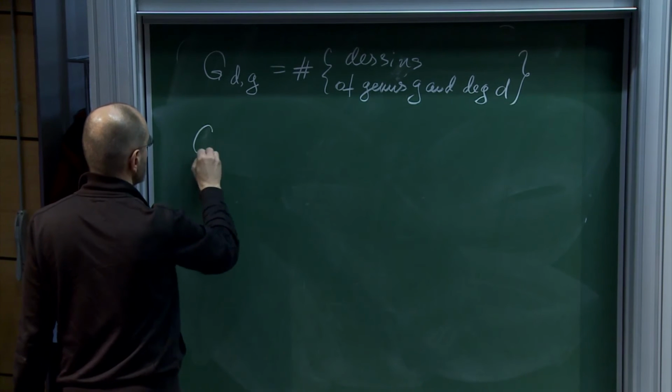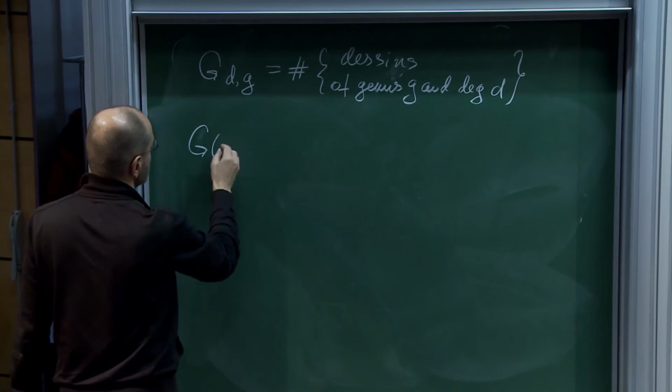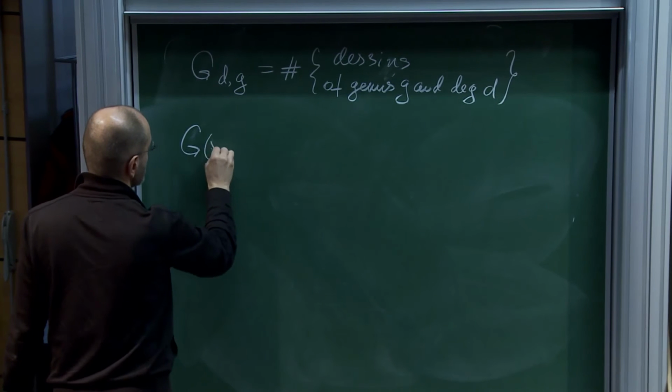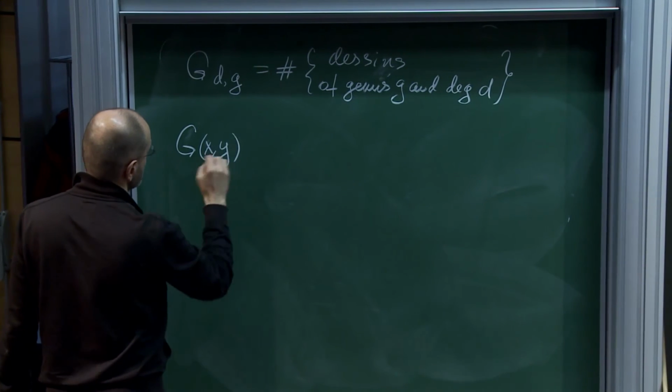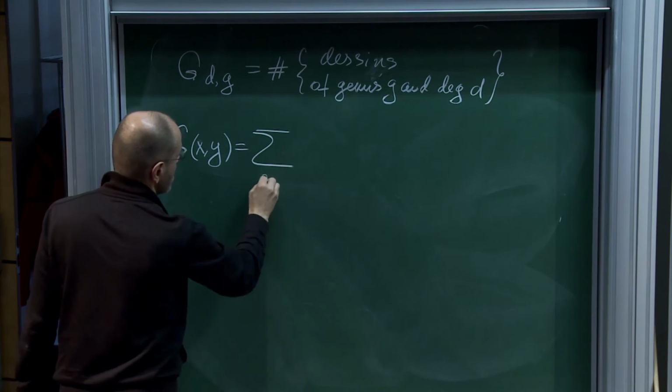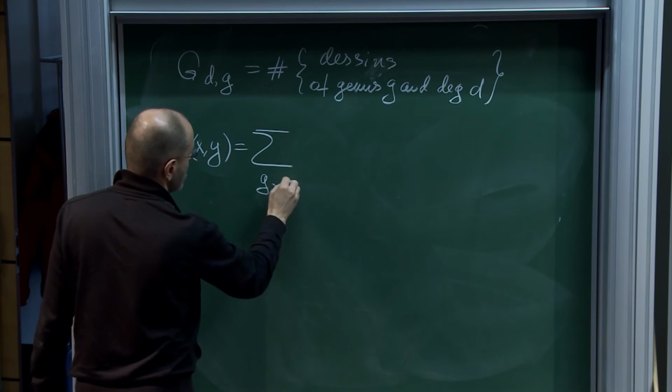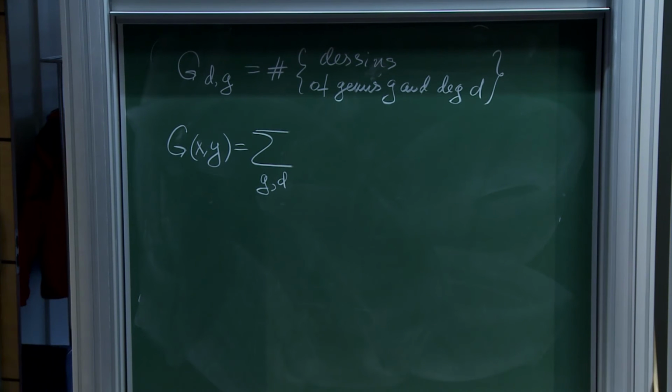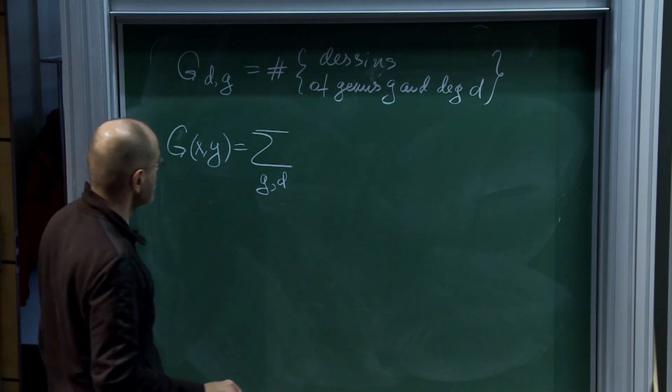Let's call it G. It depends on 2 variables, x and y. And that's just the sum over all the dessins of genus G and degree D.